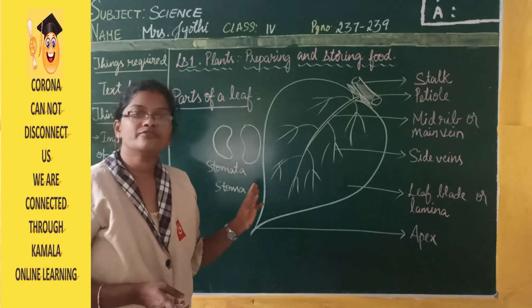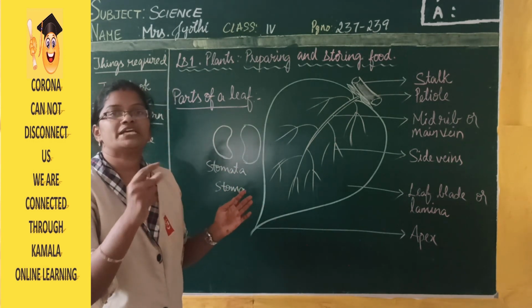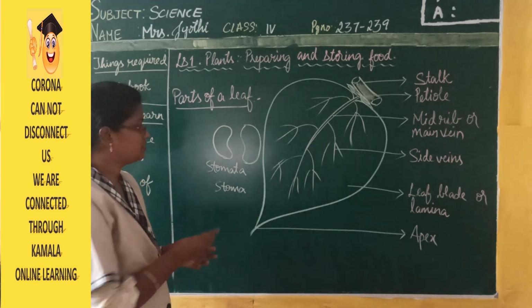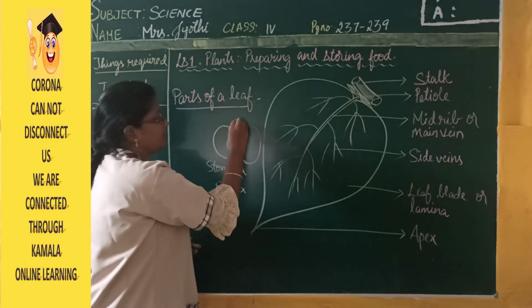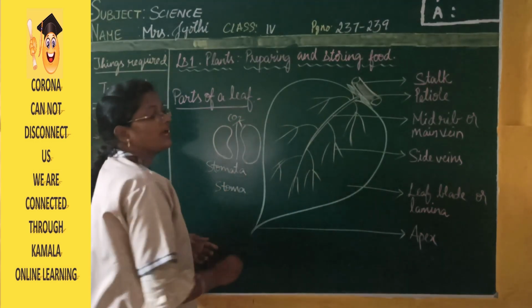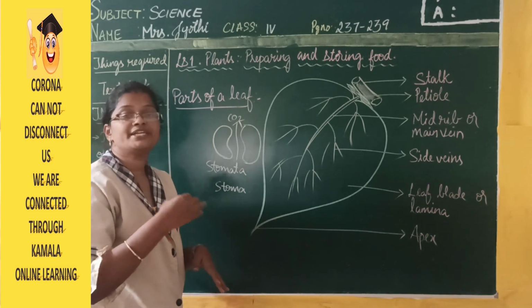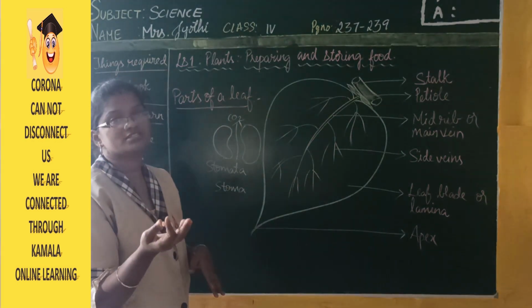So what is the use of this stomata? Through the stomata they are going to exchange gases. The plant is going to take in carbon dioxide and give out oxygen.